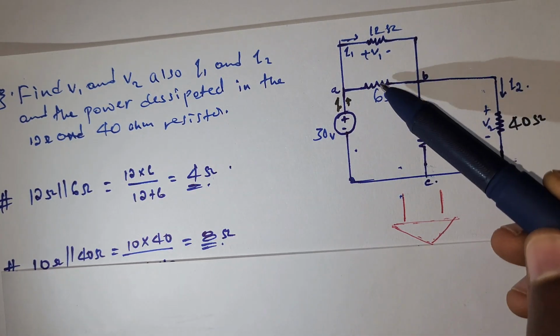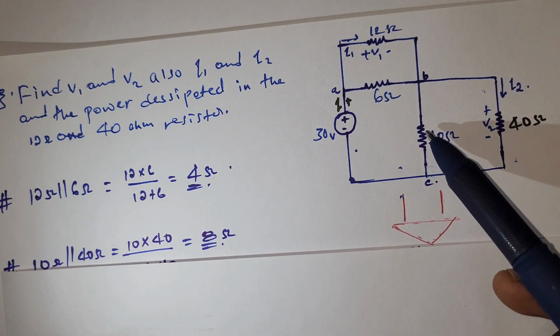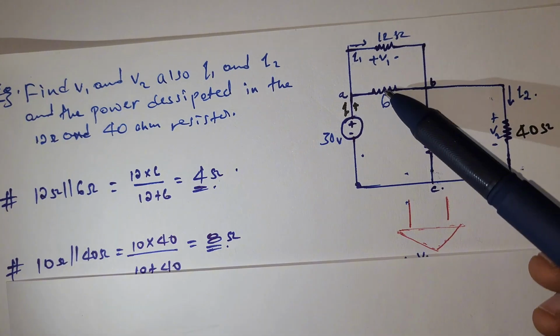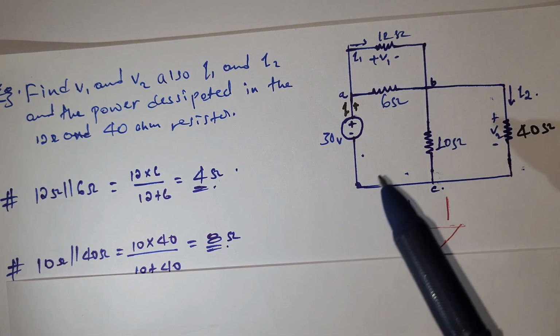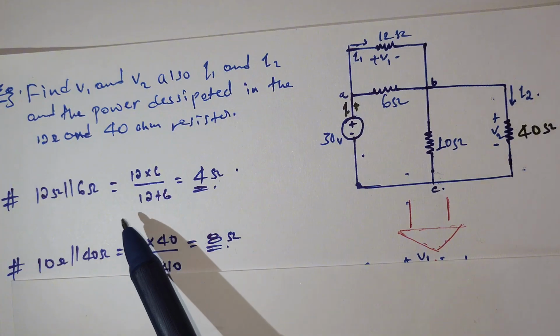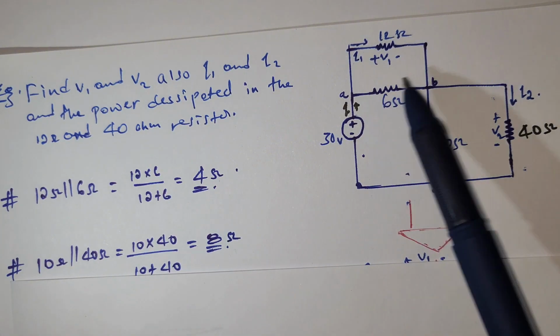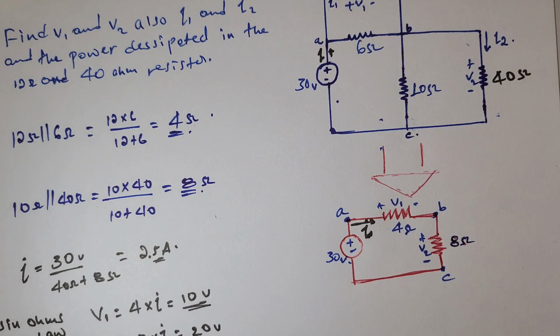As you see, these two elements are in parallel. Also, these two are in parallel. We're going to combine these two resistances, and the equivalent resistor will be 12 times 6 divided by 12 plus 6, which is 4 ohm, as you see right here.